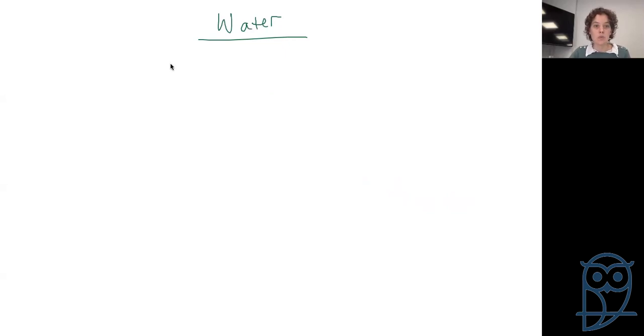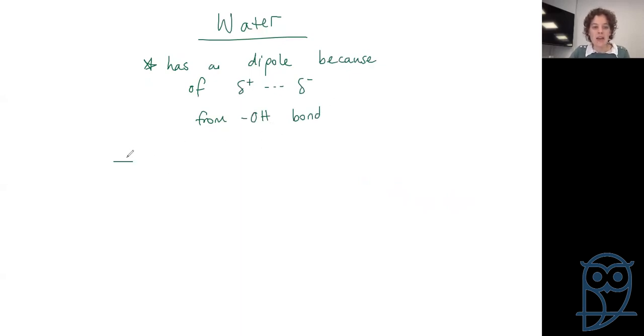So we have said that water has a dipole, because of delta plus, delta minus from the OH bond. So what this means is that we have a weakly polar molecule. We have, therefore, hydrogen bonds.